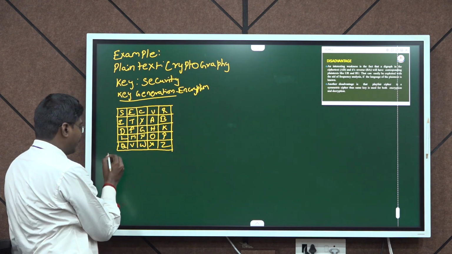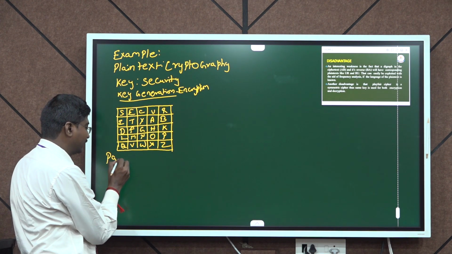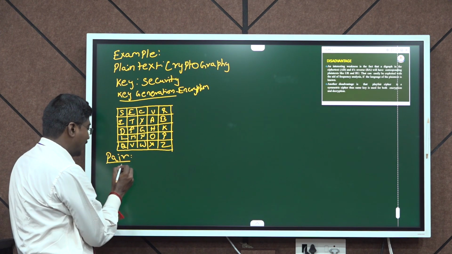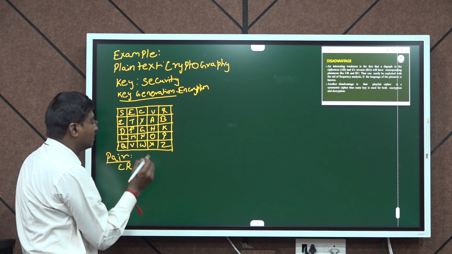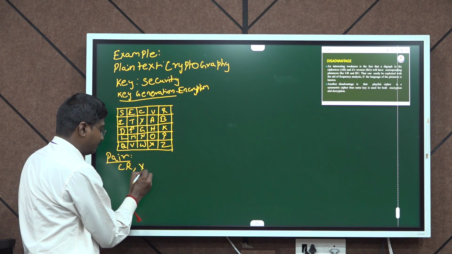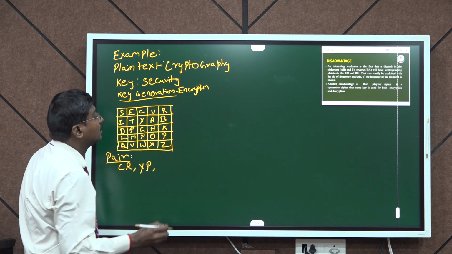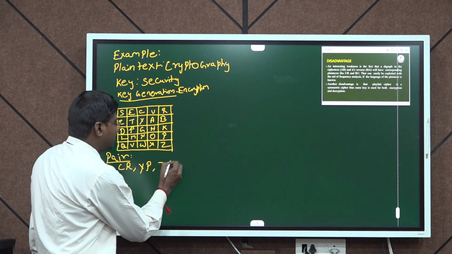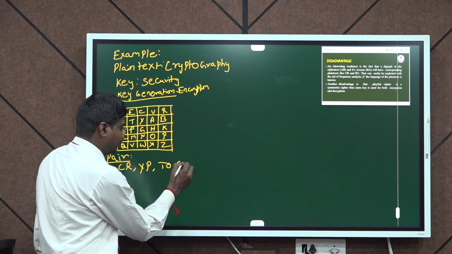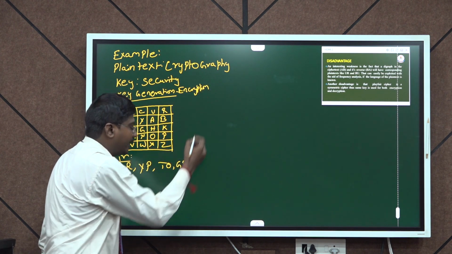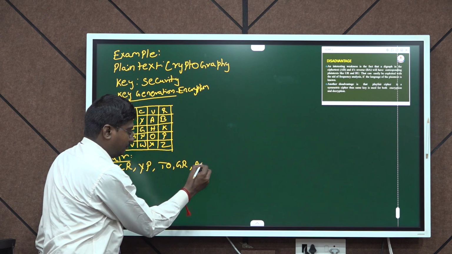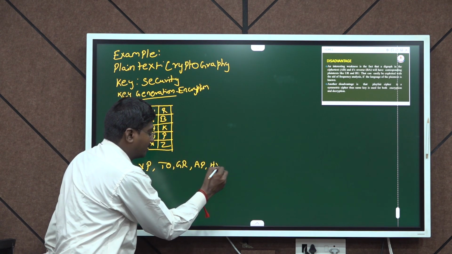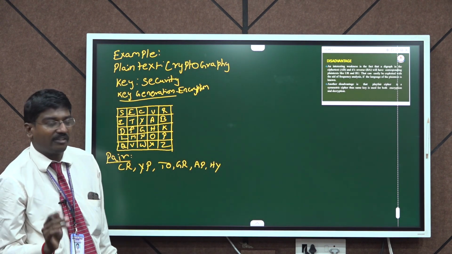The pairs we can form are CR, YP, TO, GR, AP, and finally HY. This is the set of pairs we have formed.